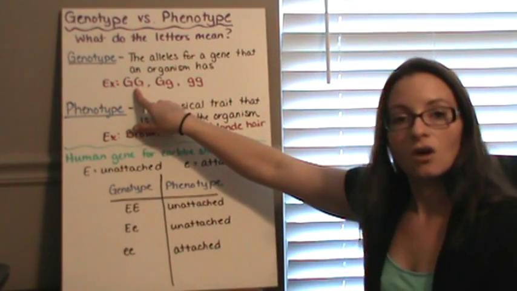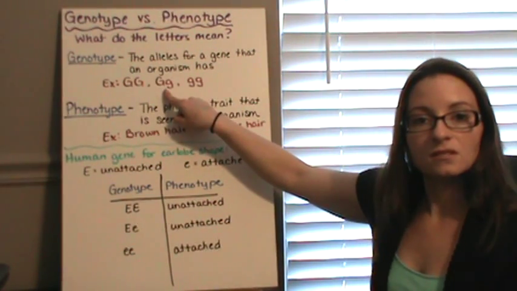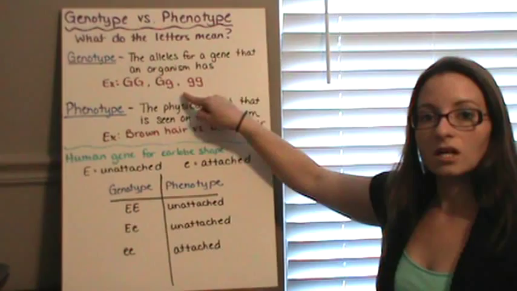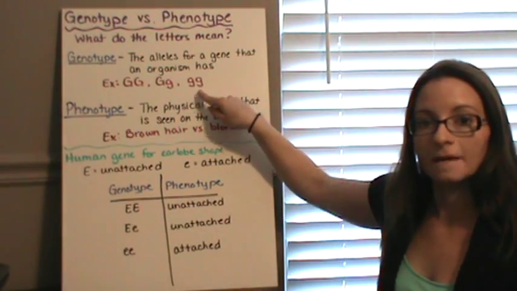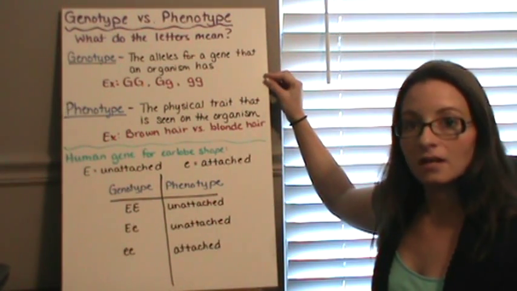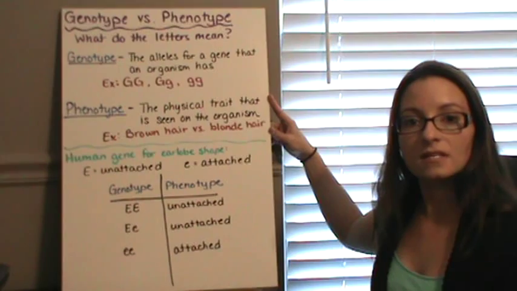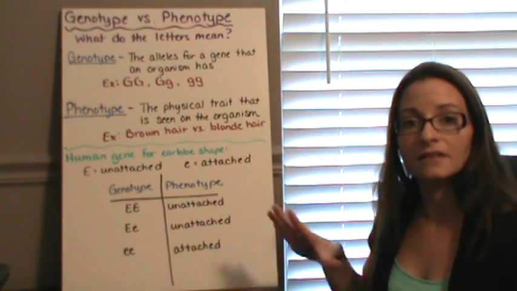So you could be homozygous dominant, big G big G, heterozygous, big G little g, or homozygous recessive, little g little g. The genotype is the actual genes that you carry, whereas the phenotype is the actual physical traits that you're going to see on that organism.